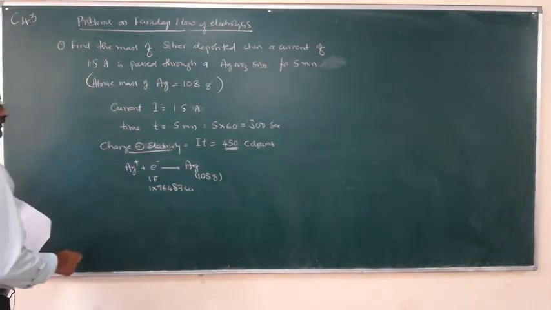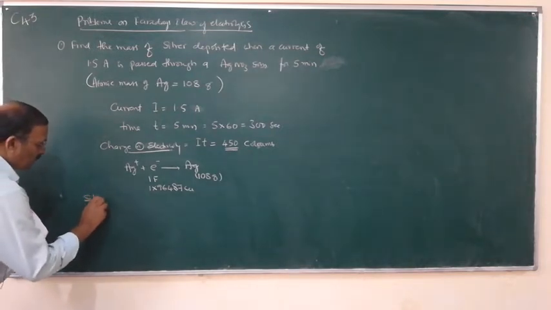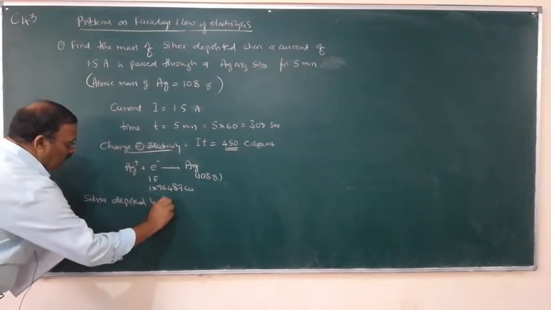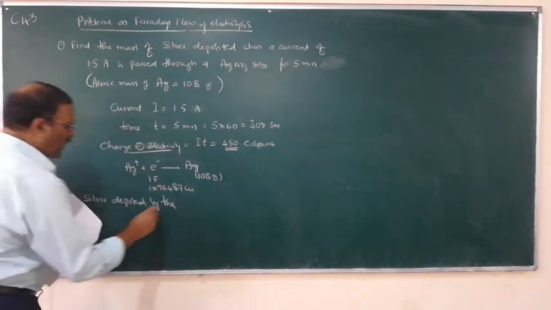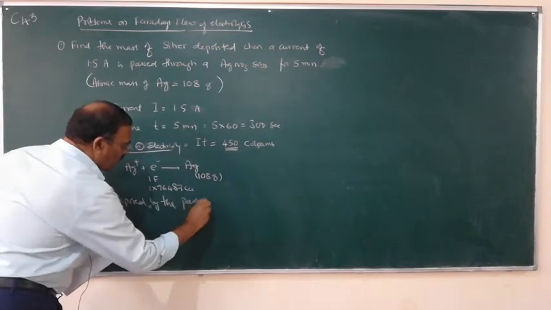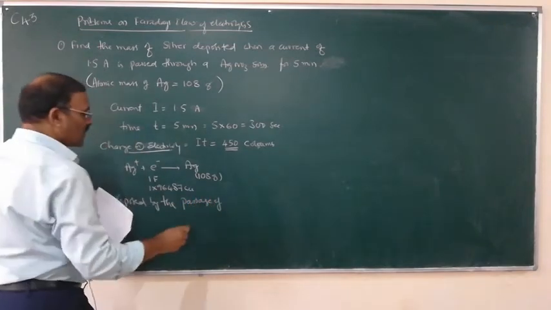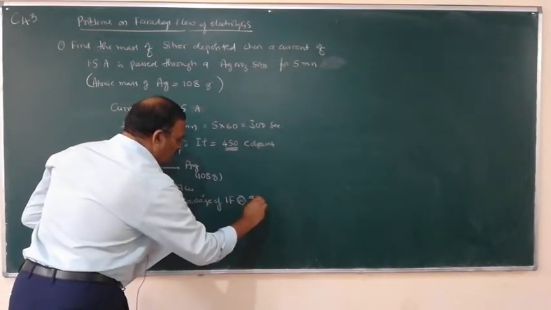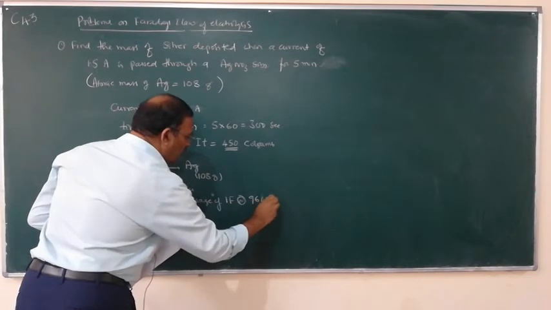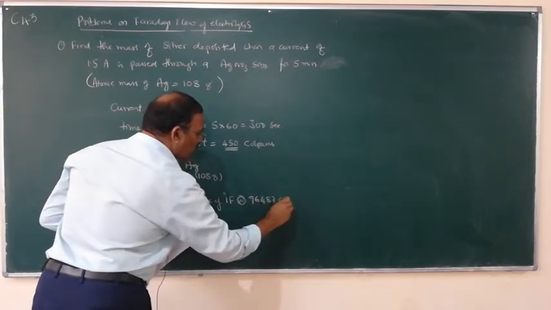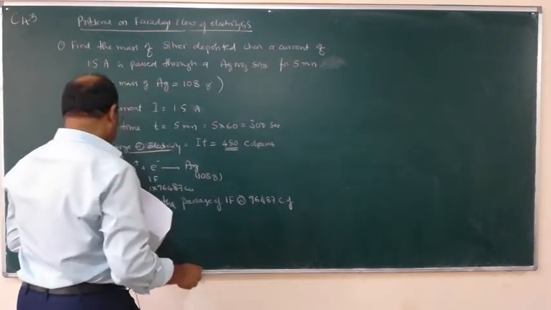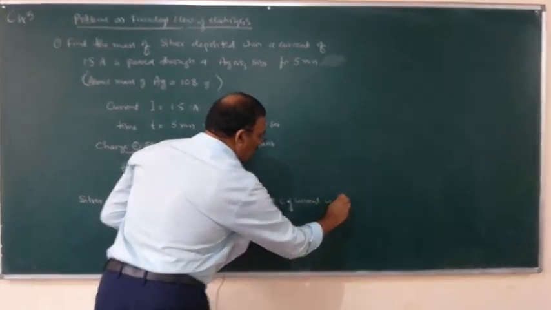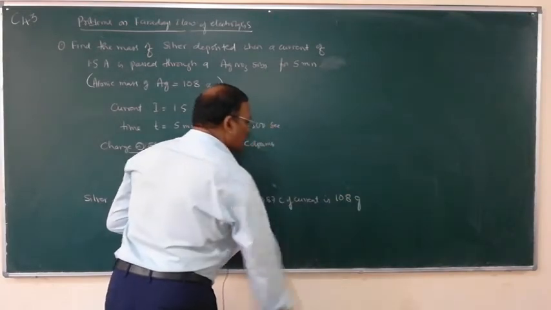So therefore silver deposited by the passage of 1 Faraday or 96,487 coulombs of current is 108 grams.